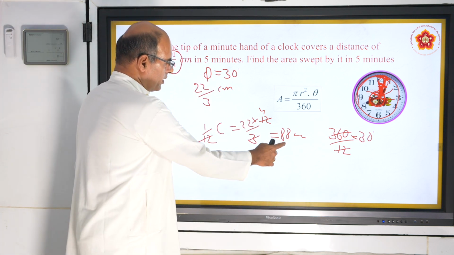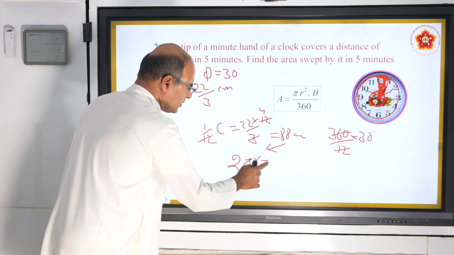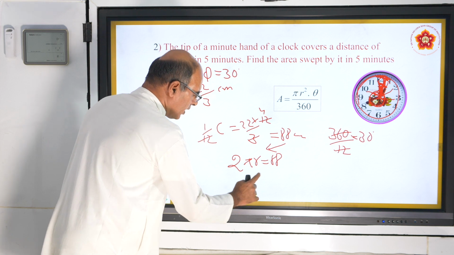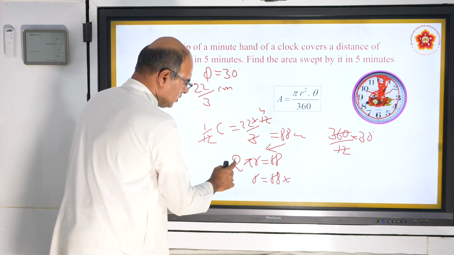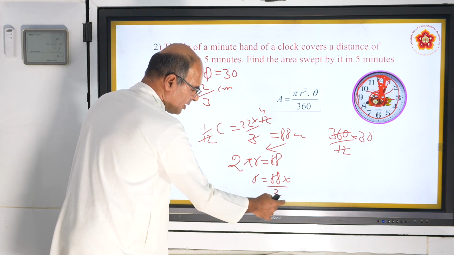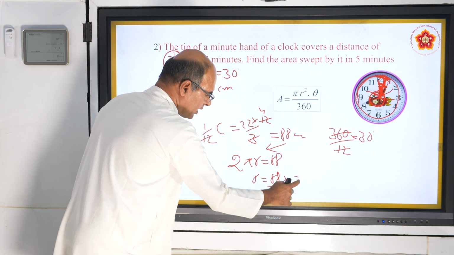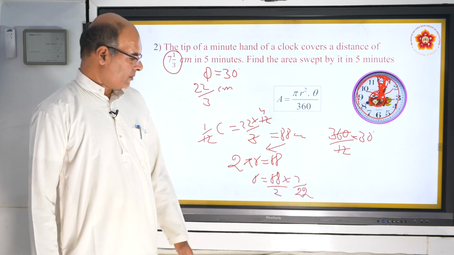So here the formula is 2 pi r, which is equal to 88. Therefore r is equal to 88, the 2 goes to the denominator and pi goes to the denominator. Pi is 22 by 7, or we can write it as 7 by 22 when it is in the denominator. The denominator of the denominator becomes numerator.